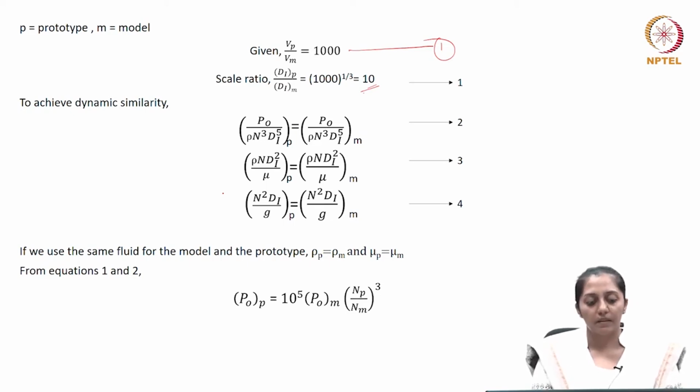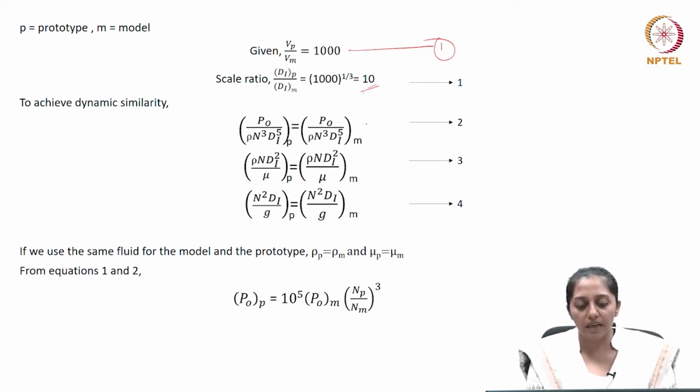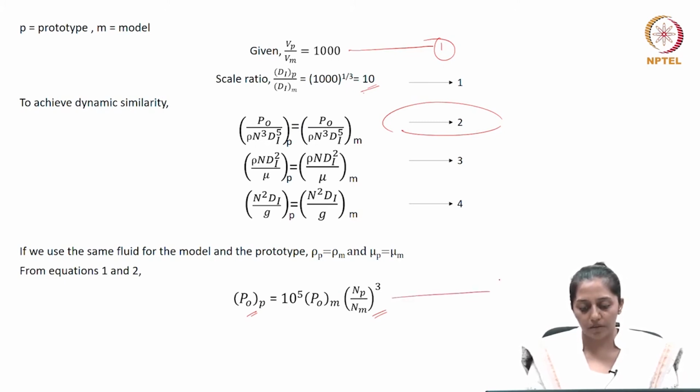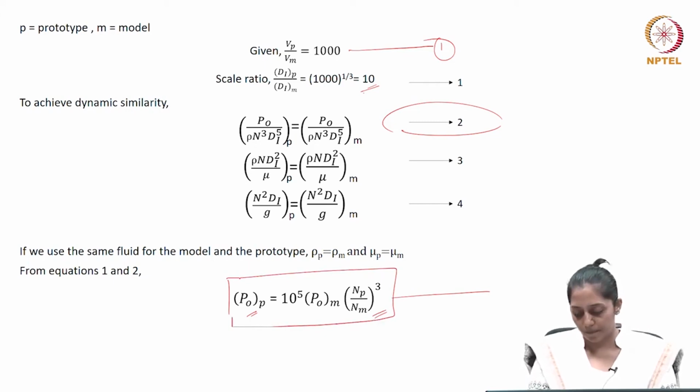By the equality of these dimensionless numbers for dynamic similarity, you can find a correlation between the power consumed and the impeller speed at the two levels, where we know the linear dimensions are changing by a factor of 10. So using equation 2 given here, we will get this correlation, which relates your power consumed with the impeller speeds at the two levels.